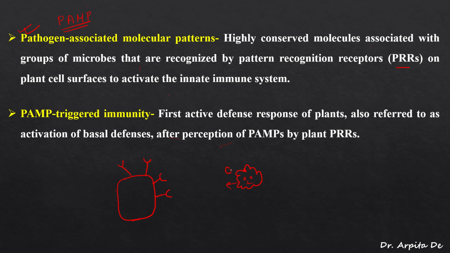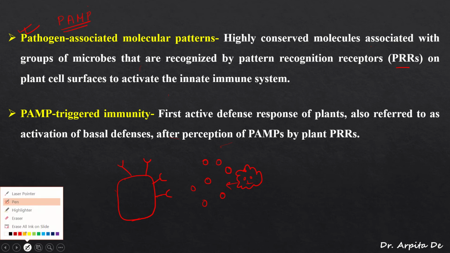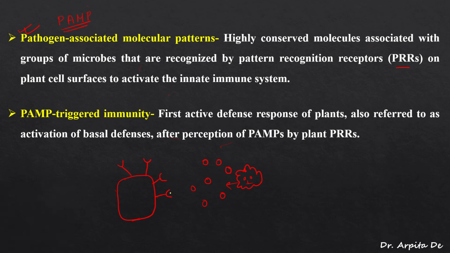The pathogen gives out certain propagules like this. Other propagules can also be present. I'm just using a separate color for something else. Other types of propagules can also be present from some other pathogens which are not related to this plant. They can also be present.